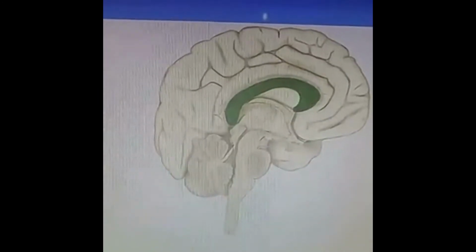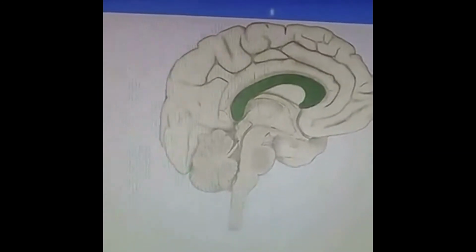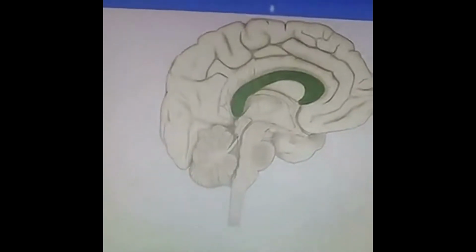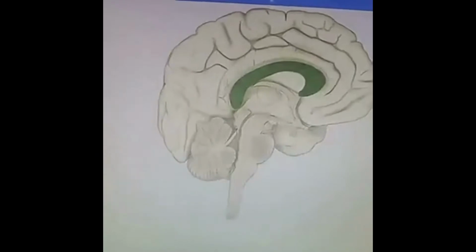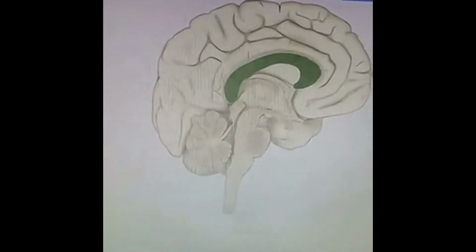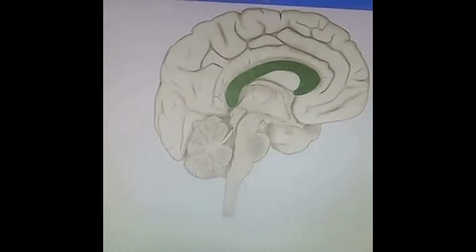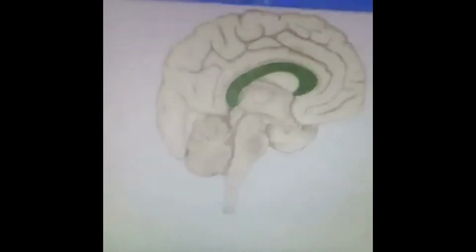The right and left hemispheres are connected with each other and talk with each other through an area called the corpus callosum, as you see here. This area is very important for transferring new emotions from the right to the left hemisphere and then processing these emotions.